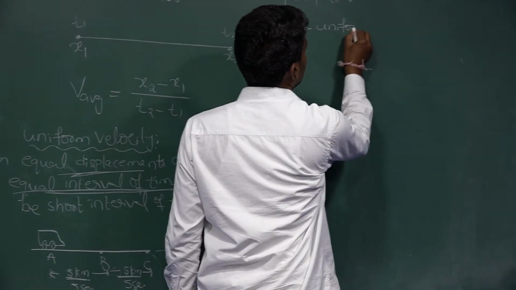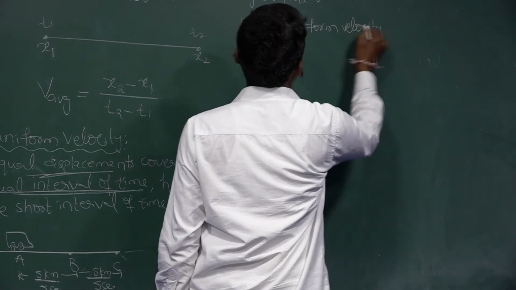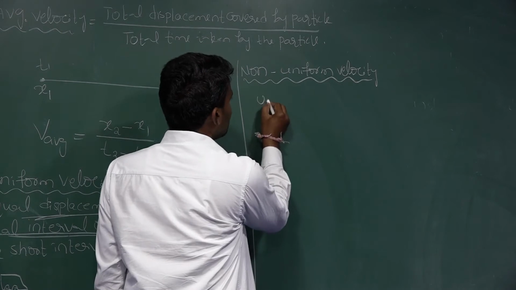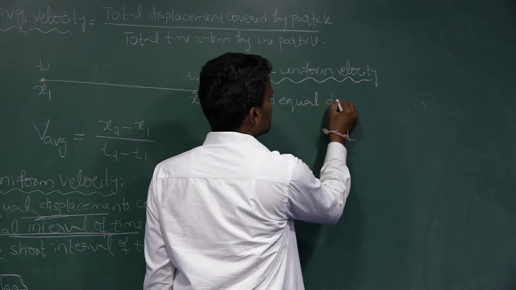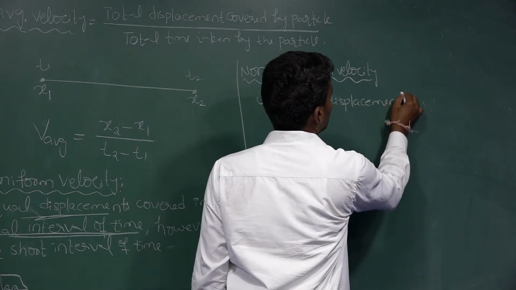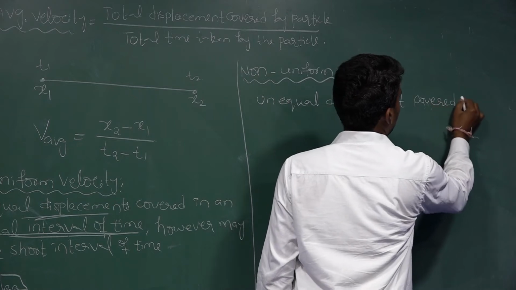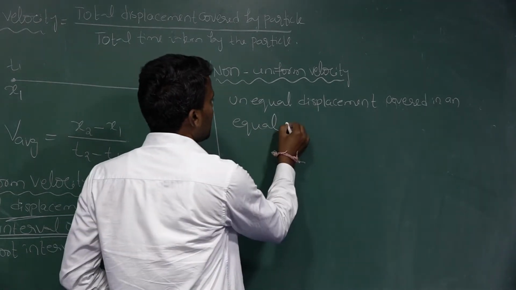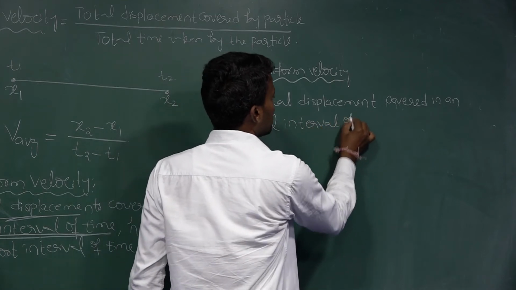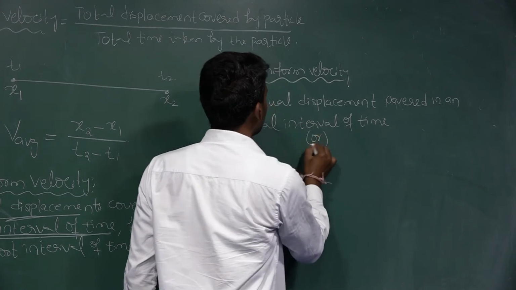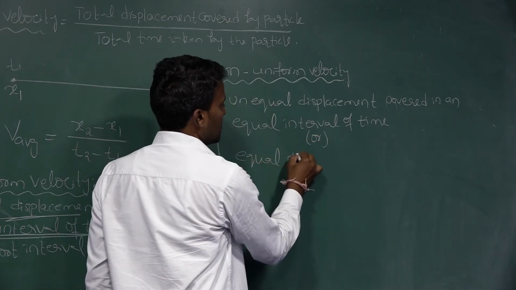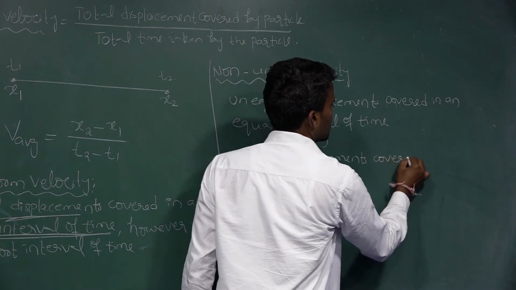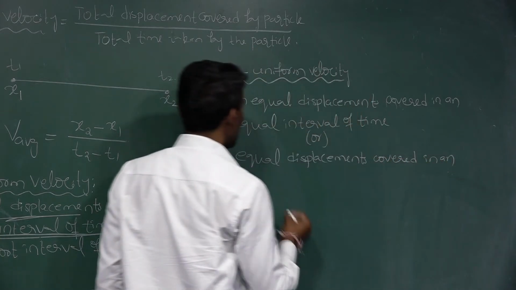The definition of non-uniform velocity is unequal displacements covered in an equal interval of time, or equal displacements covered in an unequal interval of time.